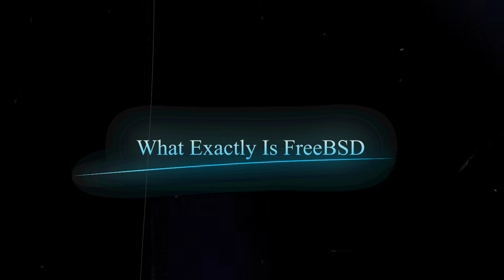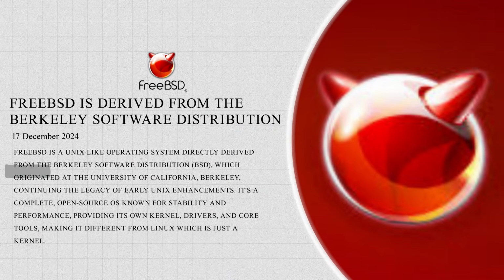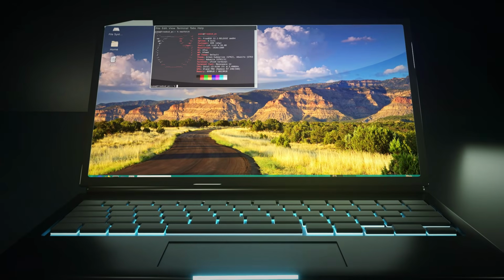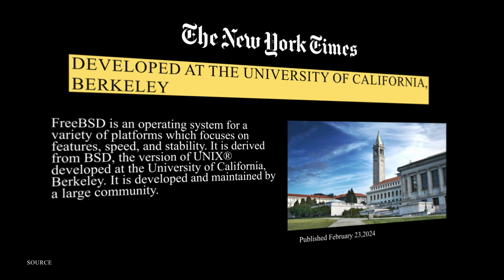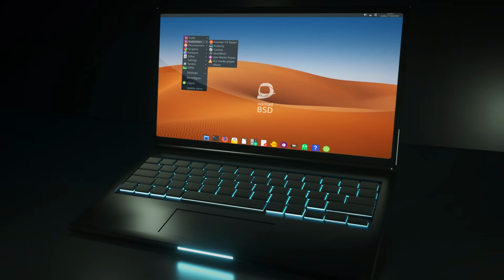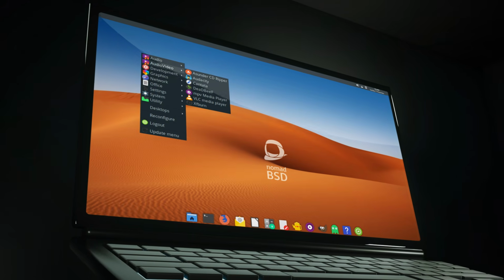What exactly is FreeBSD? FreeBSD is derived from the Berkeley Software Distribution, or BSD, a Unix operating system originally developed at the University of California, Berkeley. BSD played a major role in shaping modern Unix-like systems, and FreeBSD continues that tradition today.